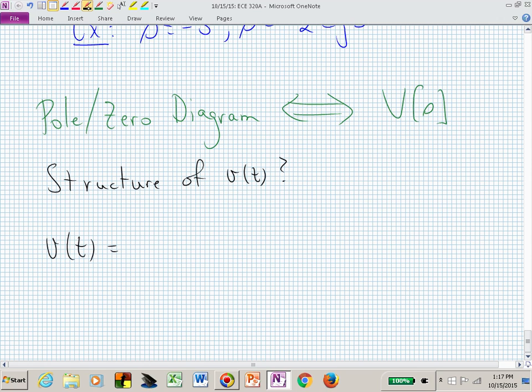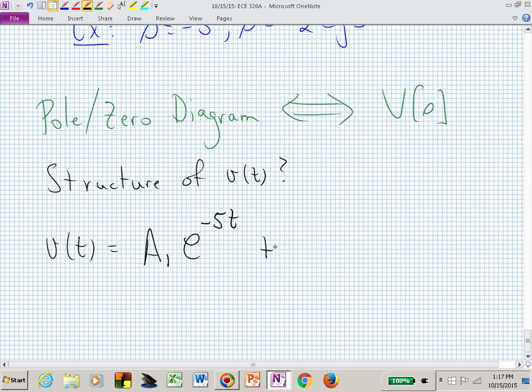We have to include some coefficients, so let's just say A1. We're not asking for what that is. That's going to be determined by the zeros, where they're located, and I'm not asking you for those. But we had a pole at -5, and it was real. And we just have this exponential term.